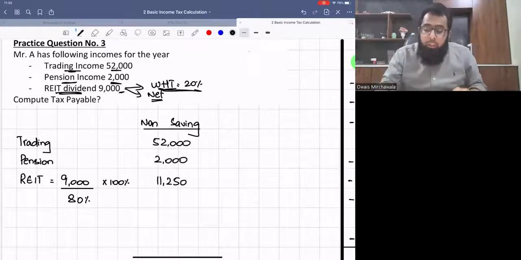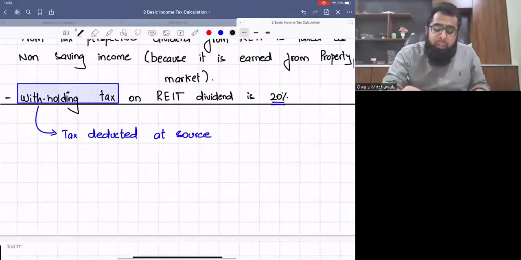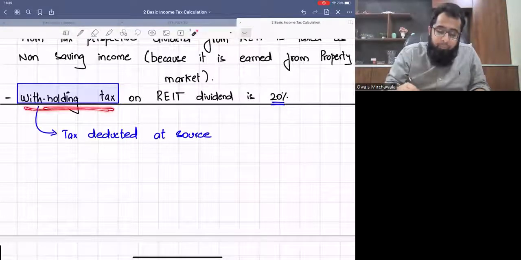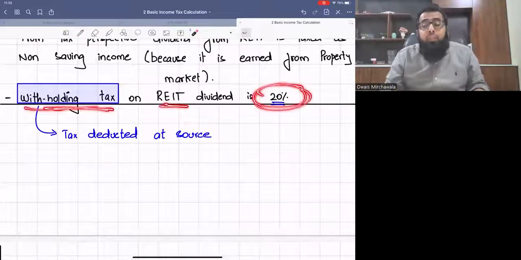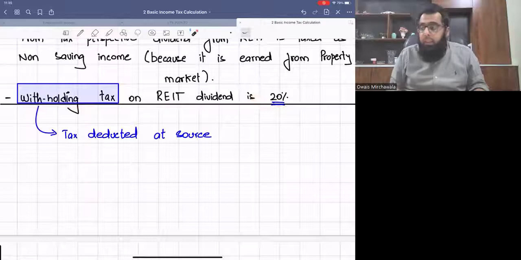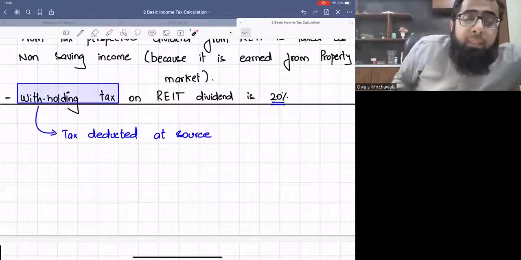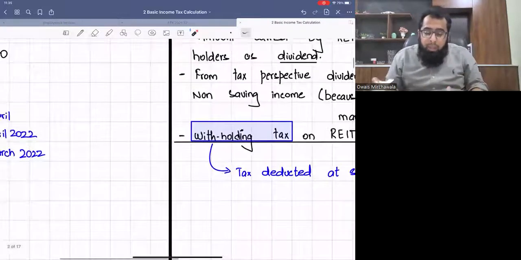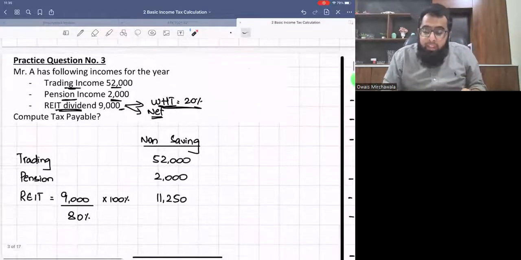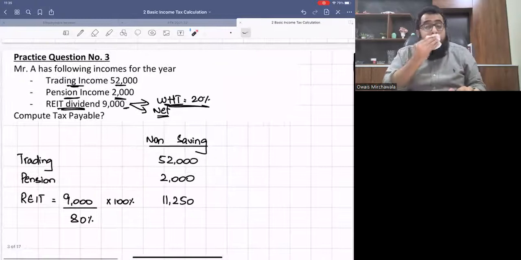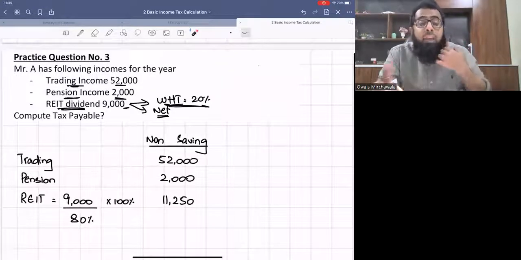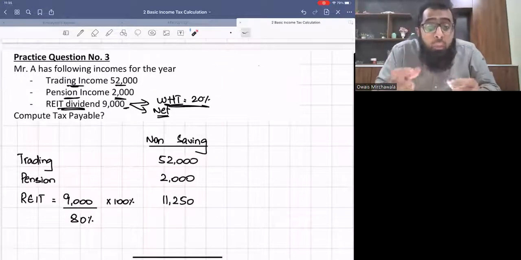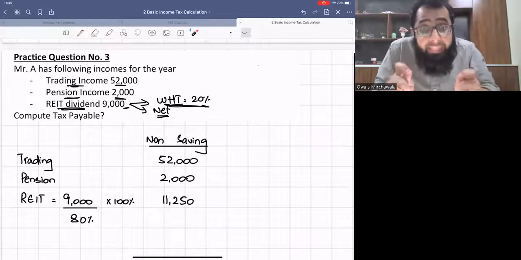On REIT, you studied that the withholding tax, the advance tax, is 20%. Now, since the examiner is silent in the question on whether the amount is net or the gross, full value, we will assume that the amount is net.